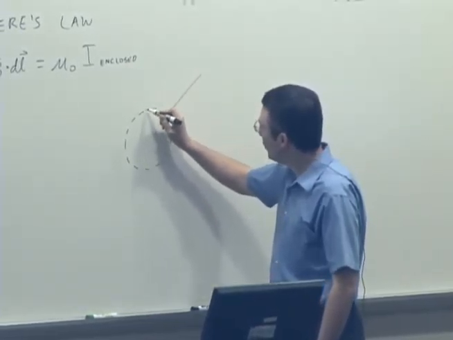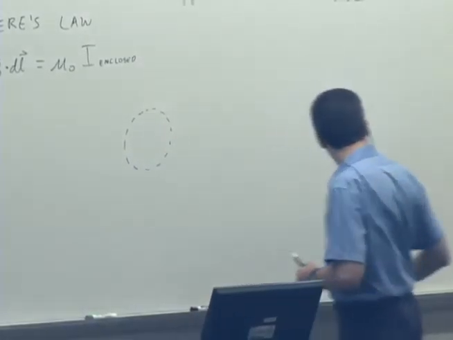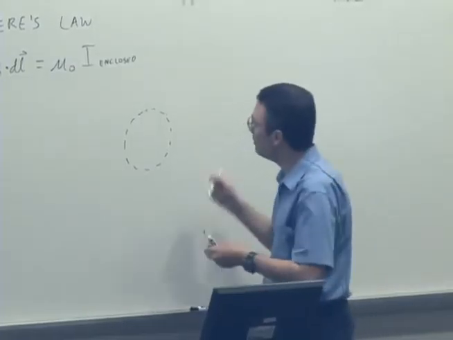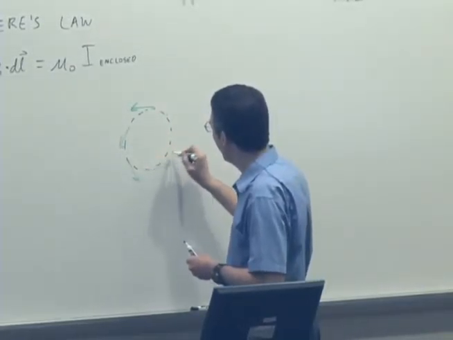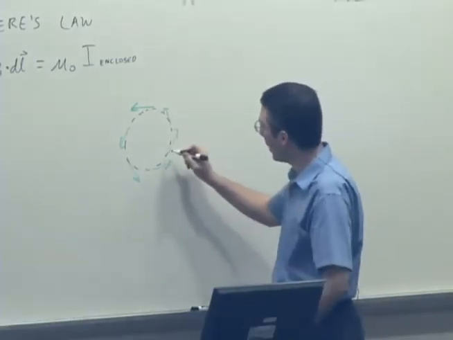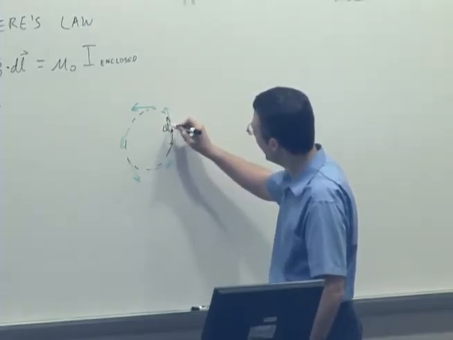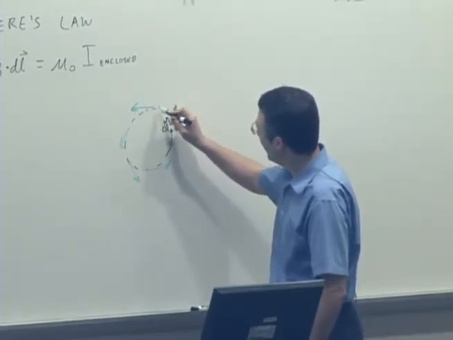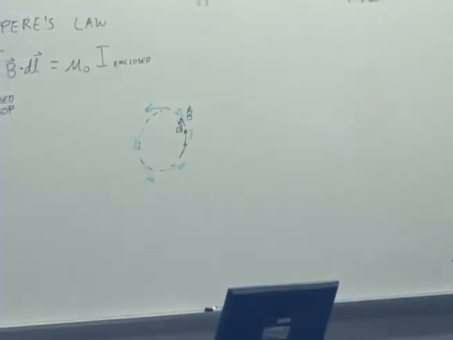Let's just look at this example we saw last time where you had magnetic field in a circular pattern. If you chose a path integral that goes around in the same circular pattern, that's delta L and that's B, then when you add it up round trip, you get a positive contribution.